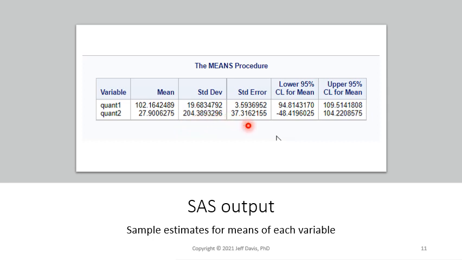And then it gives us this giant standard error. The standard error is 37.31. The mean is 27.9, so we have a standard error that is larger, and some might say considerably larger than the mean.